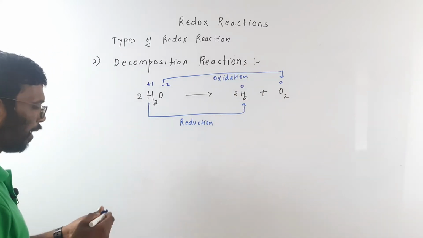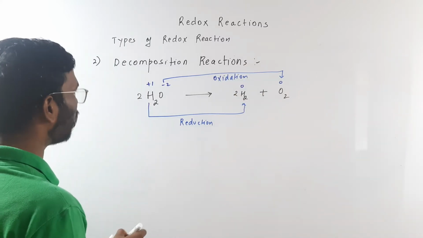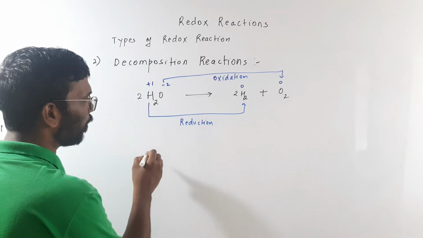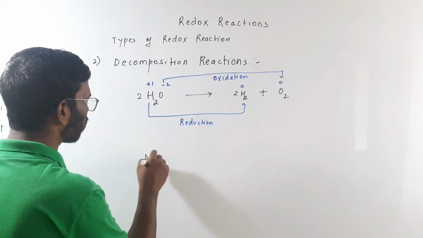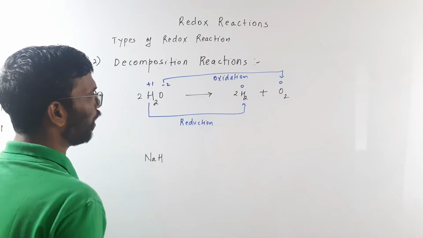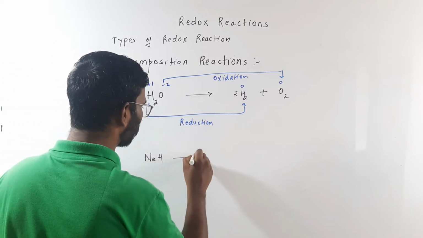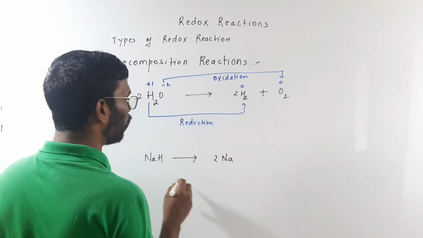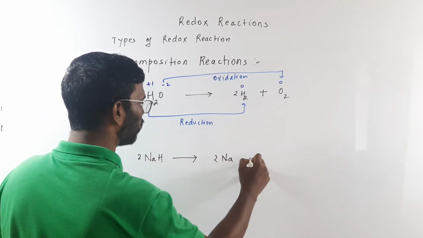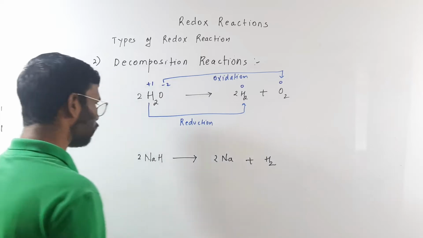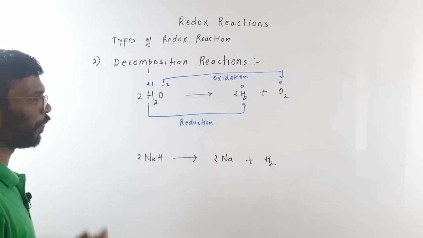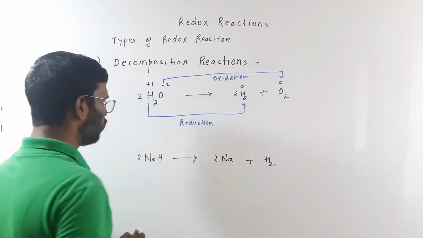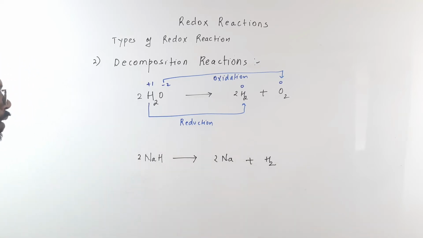One more example I can take for this type of decomposition reaction is sodium hydride. Sodium hydride will get decomposed to sodium and hydrogen gas. So what is happening over here?